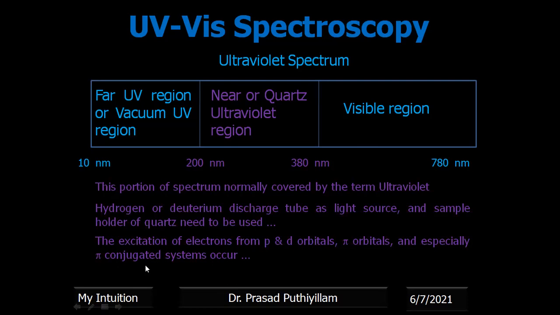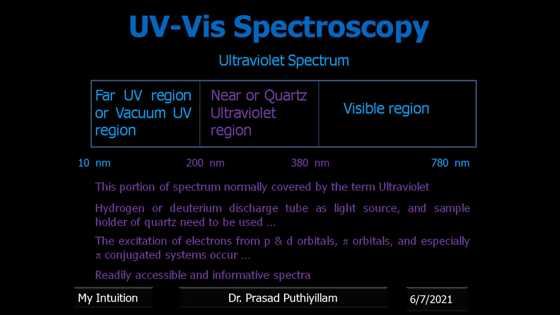Alternate single and double bond, or alternate single and triple bond, or alternate single bond and conjugation with lone pair of electrons. All those systems can be analyzed by using this. Therefore, it is very readily accessible information we are getting, and it is an informative spectrum for us to analyze a sample.